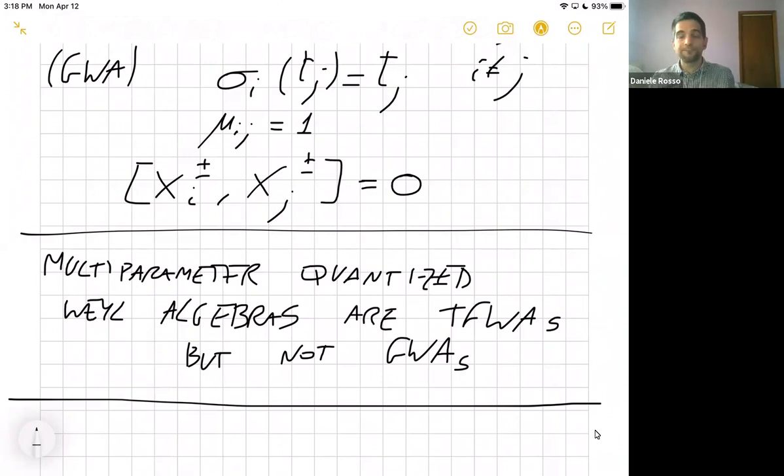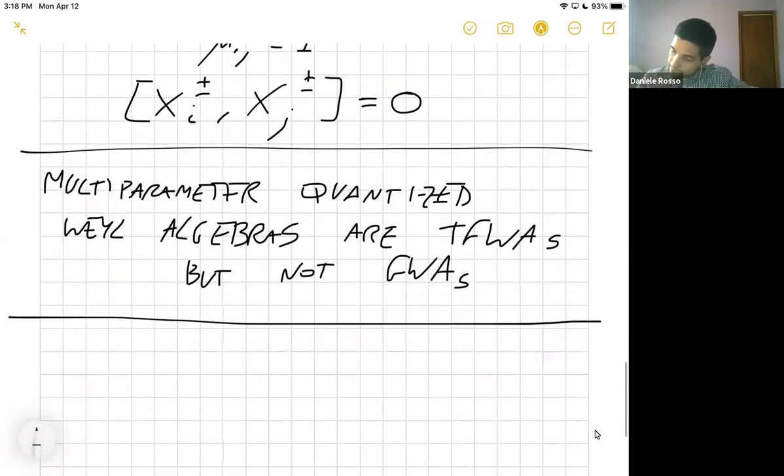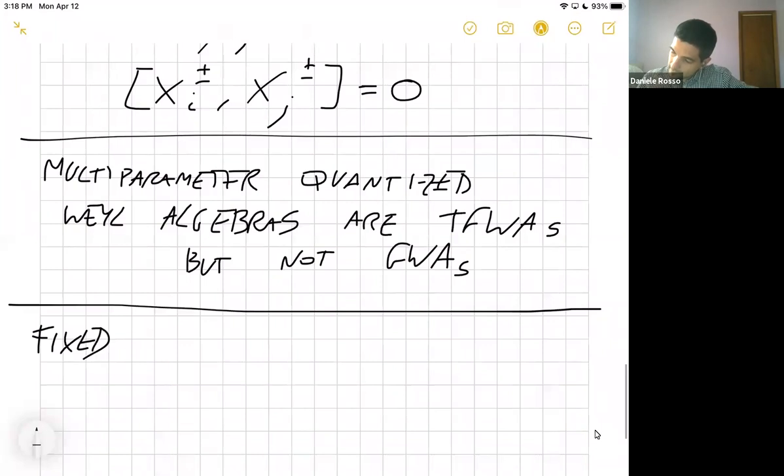Okay, so I'm talking about fixed rings. We want to look at certain rings of invariants for these TGWAs.